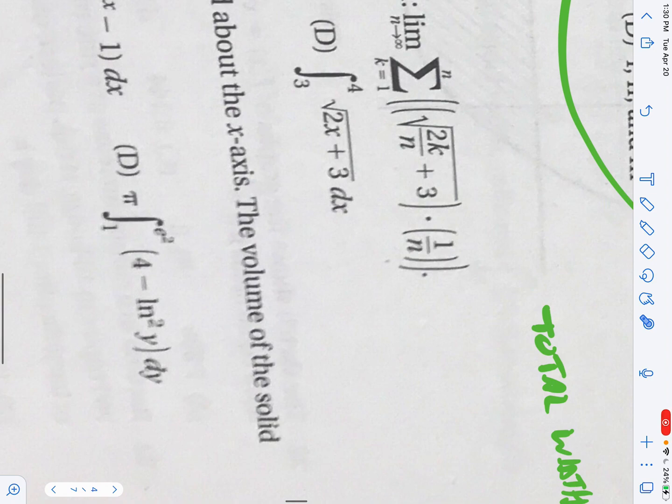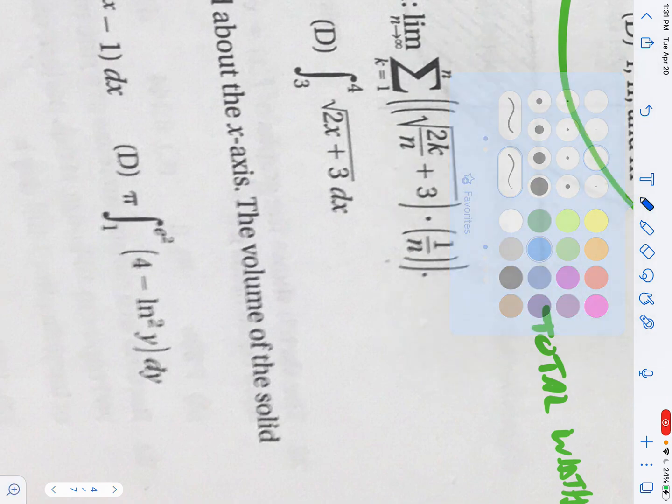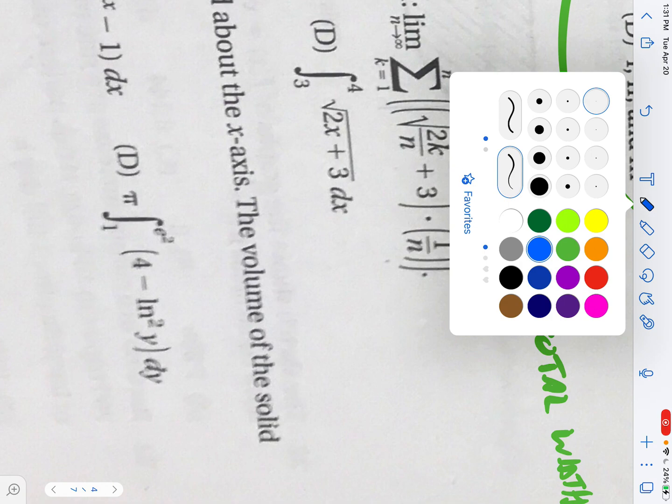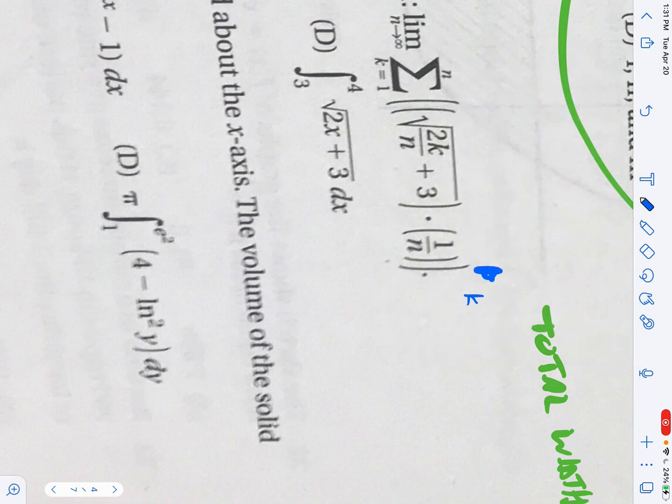Now let's think about the values we're doing here. So if I start with k equals 1, what is the range of values? K equals 1. If I plug that in, I would be computing the square root of 2 over n plus 3.